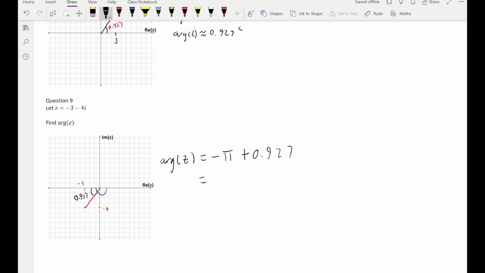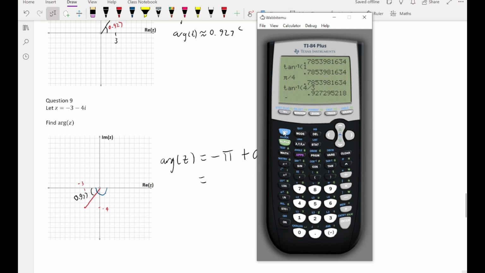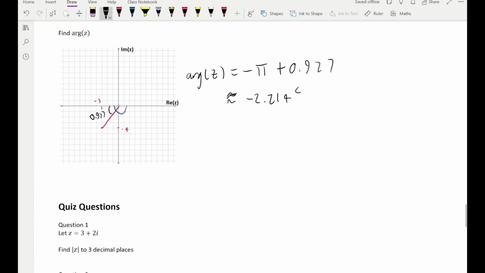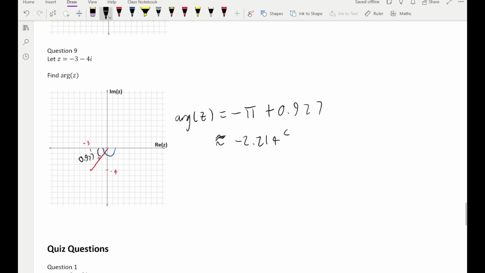And let's figure out what that is. And we'll just add on our answer from before. Minus 2.214. Got to have a squiggly equal sign because we did approximate. And that is our argument there. What we measured is the angle out to that red line, minus 2.214 radians, and it's minus because we're going clockwise.